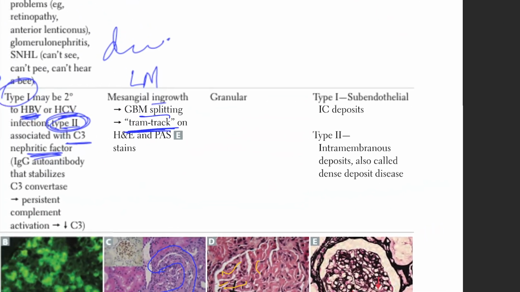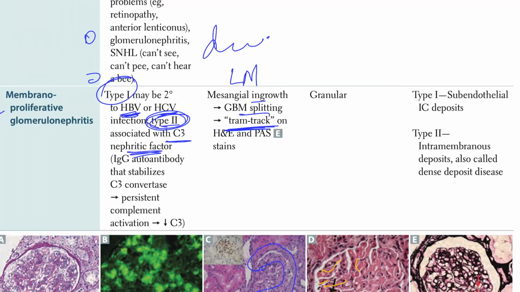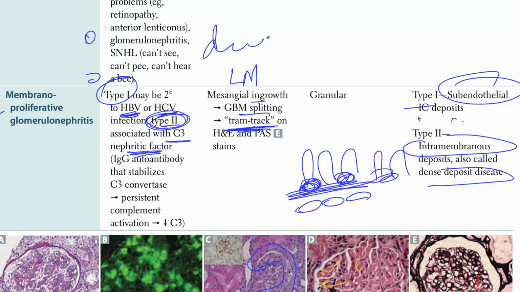Why do we have formation of tram tracts? Because of deposition, subendothelial immune complex deposition or intramembranous deposition, also called dense deposit disease, leading to formation of these tram tracts. Let me just illustrate that one. If you have the deposition here and here and here, now you have the tram tract appearance.